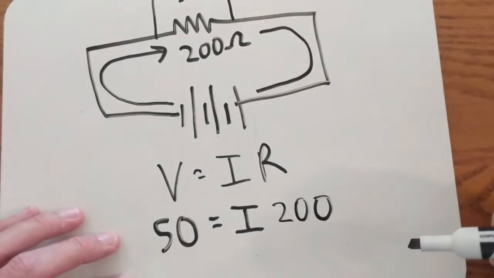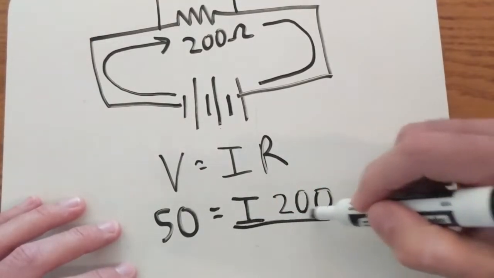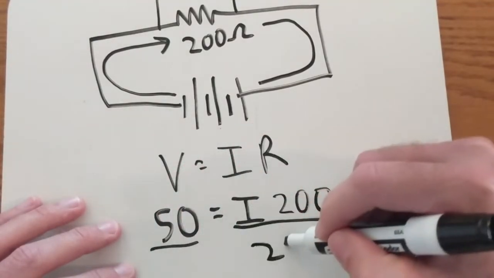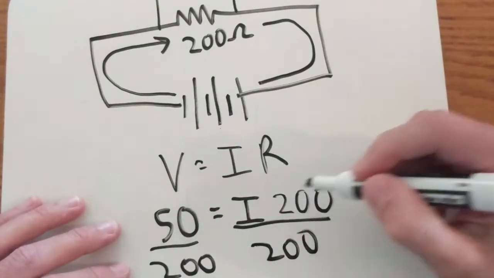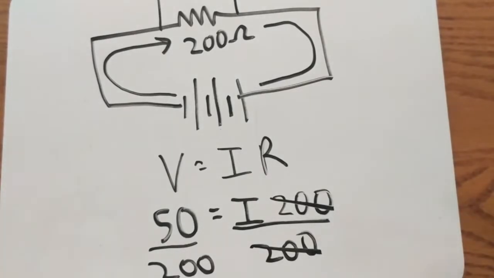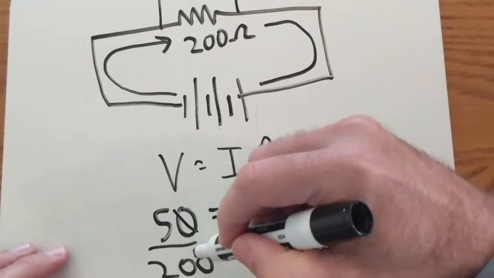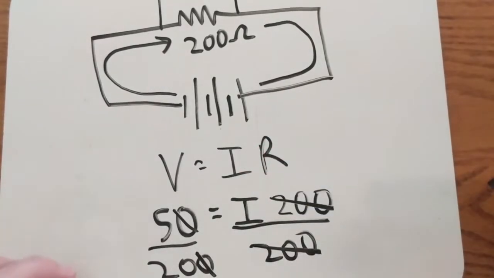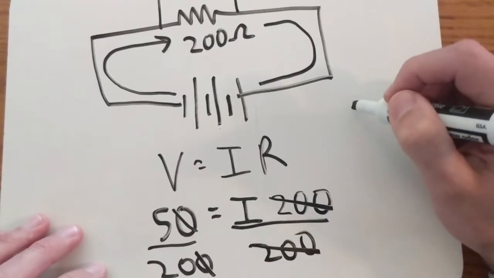So if we had to solve for I, we just use basic second grade algebra. Divide both sides by 200. You can see 200 divided by 200 cancels out. And then we have 50 divided by 200. Now that would cancel one of those zeros out, and we see 5 over 20. So I'm going to continue this up here.